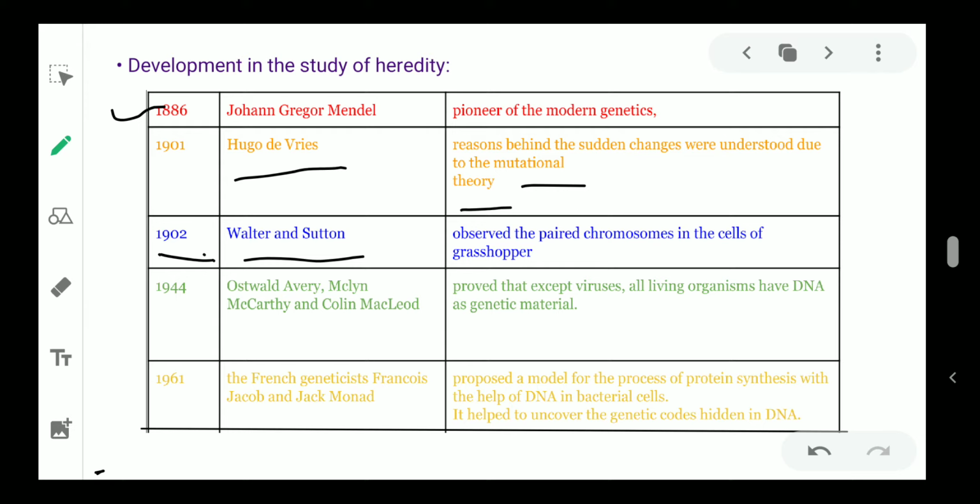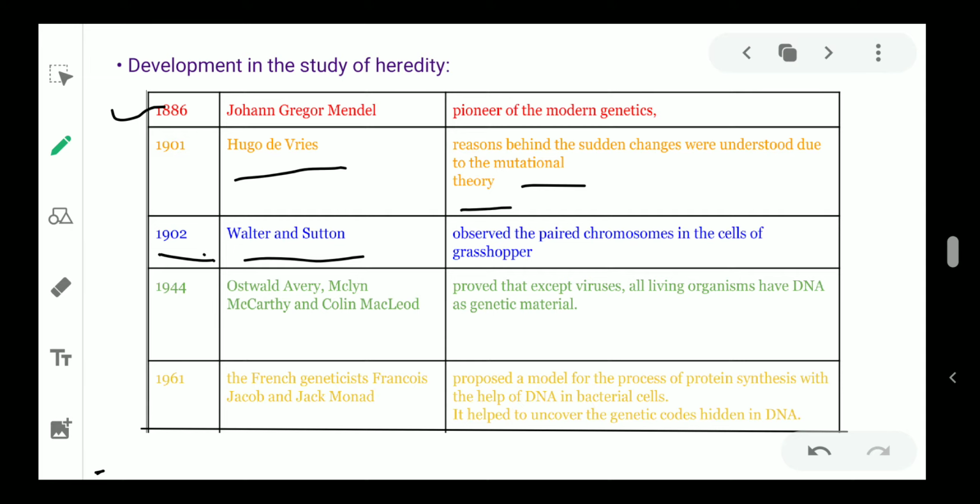And the reduction of chromosomes in meiosis is directly related to Mendel's laws of inheritance. We'll be studying the reduction of chromosomes in meiosis in 10th standard in the third chapter, where I'll explain this.